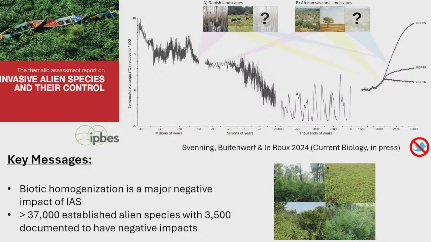So that graph in the corner there, that's the reconstructed temperature trends for the last 40 million years. And it's projected forward into 2300 with the 3 different climate scenarios. And you can see that we're entering a climate zone that the Earth hasn't experienced in a really, really long time.